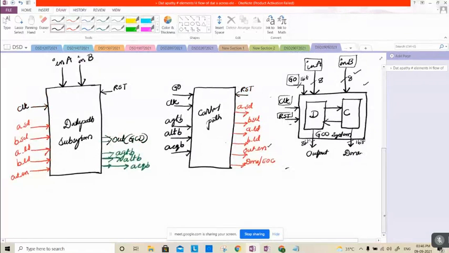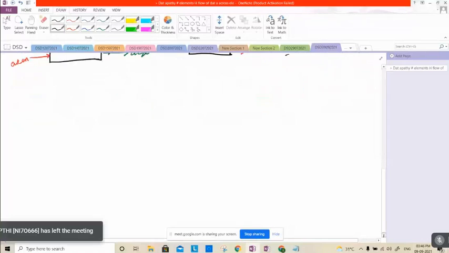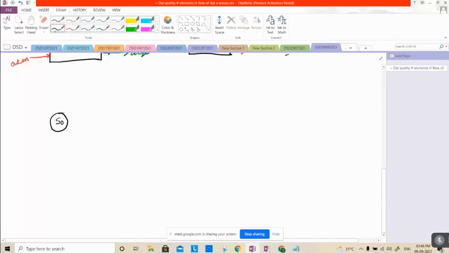So in that way. And yesterday what we discussed is the data path, I hope you remember the data path. I will draw the control state diagram. So S0 is the initial state, reset state or initial state.